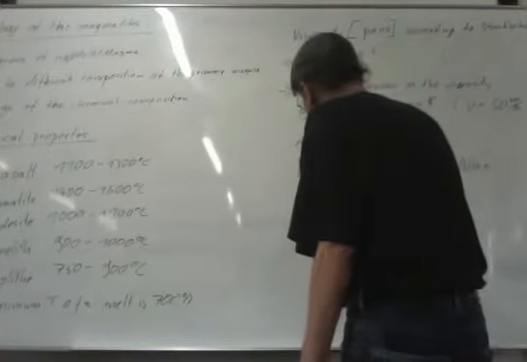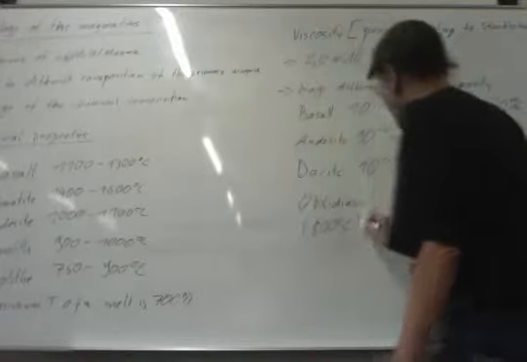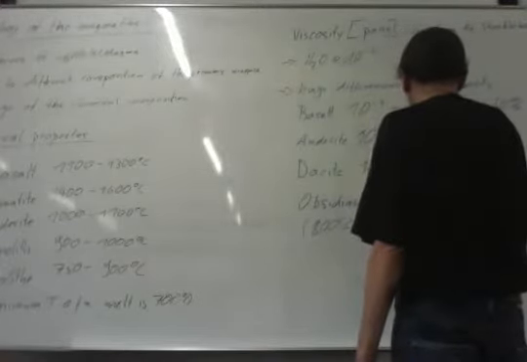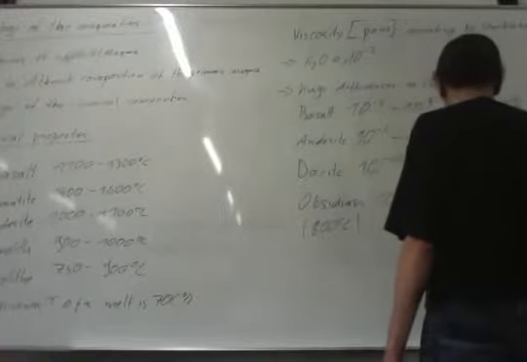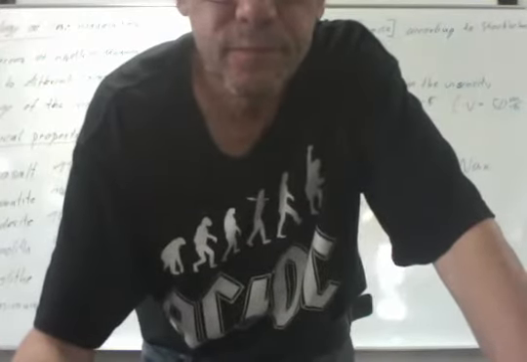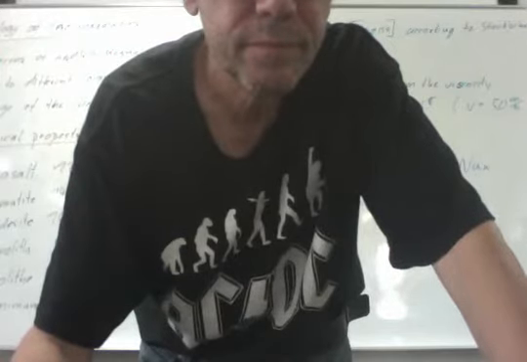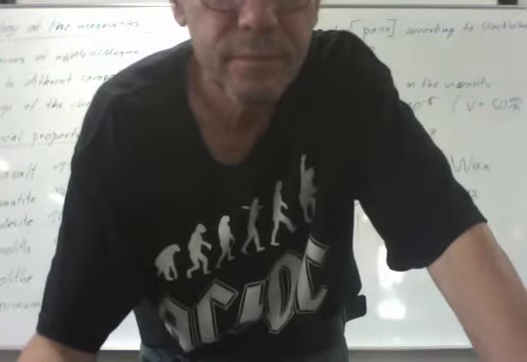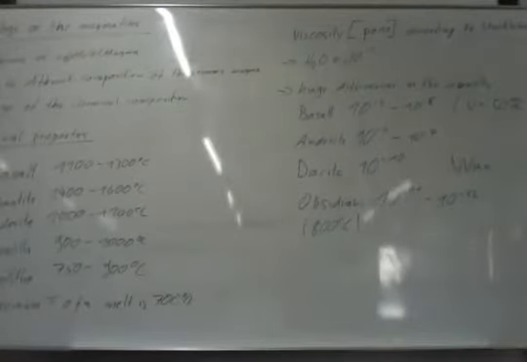The obsidian is formed at a temperature of about 800 degrees Celsius, and that has a viscosity of 10 to the power of -11 to 10 to the power of -12.